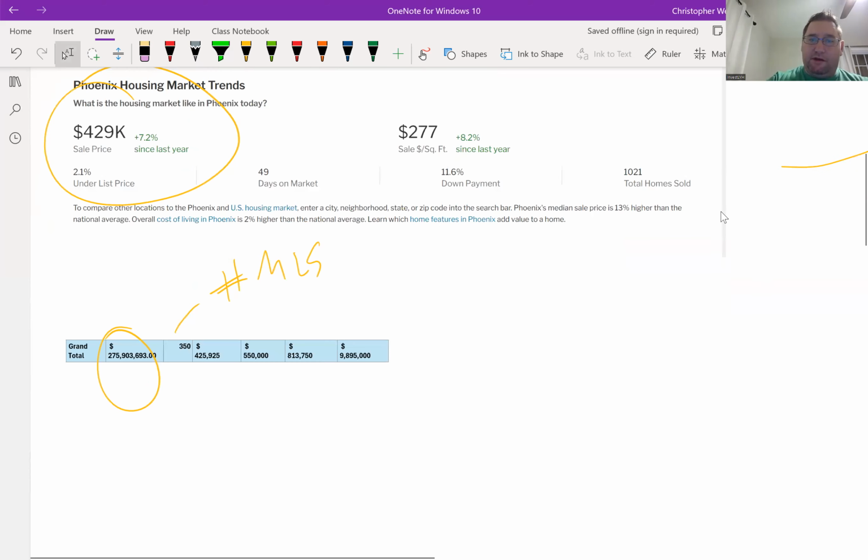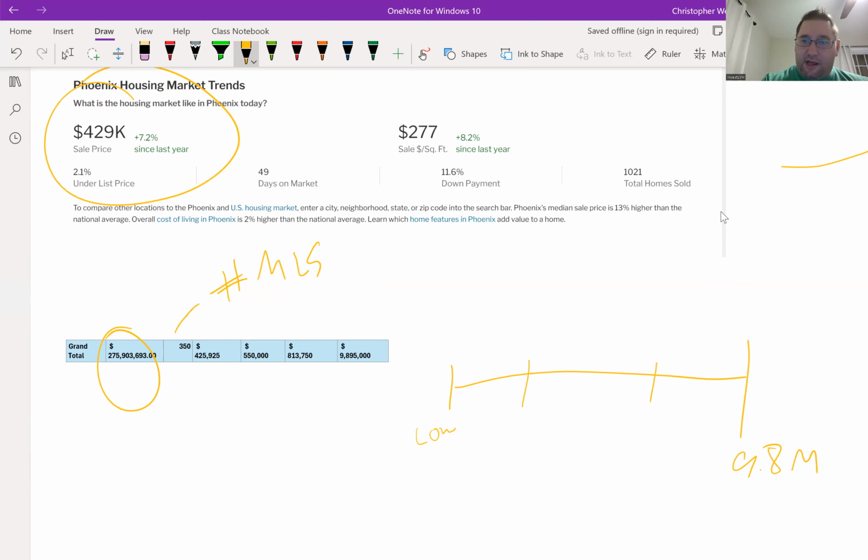And what we have here is, earlier I said I want people to break it up into eight different sections. Well, what I have here is 4 sections. So we have our lowest price home here. We have our $9 million home here, 9.8. And then we have 8, 13. And we have 425.